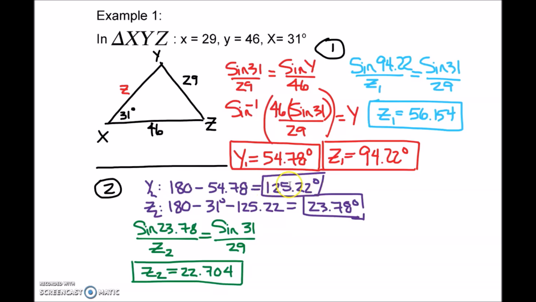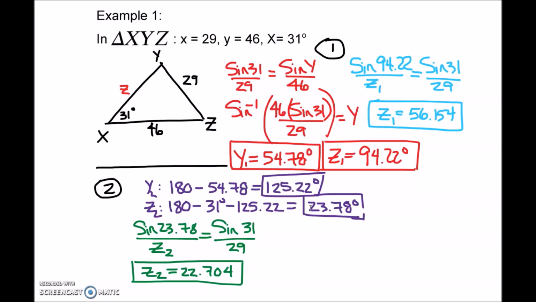When I subtract 125.22 along with the angle I was given, which was 31 degrees, then I would get z2, my second z value, which is 23.78. And since that works out to be a positive angle, 23.78 plus 125.22 plus 31 add up to 180 degrees, so they form a triangle.